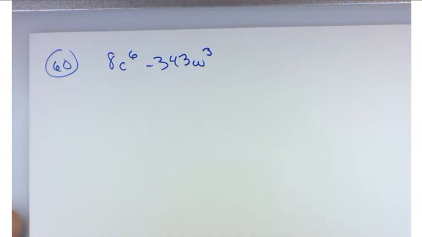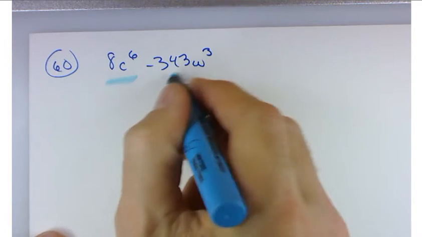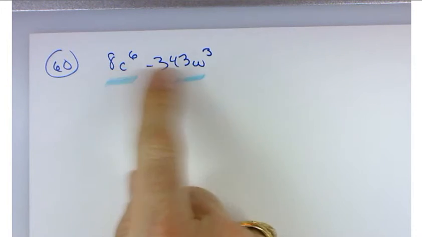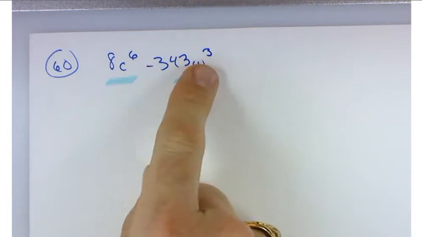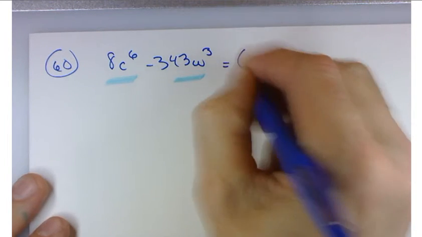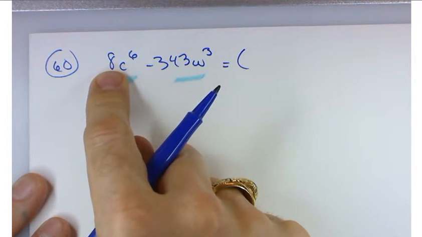There's no greatest common factor here. So what next? Next you look at the number of terms. How many terms am I dealing with? 2 terms. Because I'm subtracting and dealing with 2 terms, it's either the difference of squares or the difference of cubes. I'm hoping you can see by the w cubed that we're going to end up dealing with the difference of cubes. The hard part is going to be figuring out what we cube to get this part.